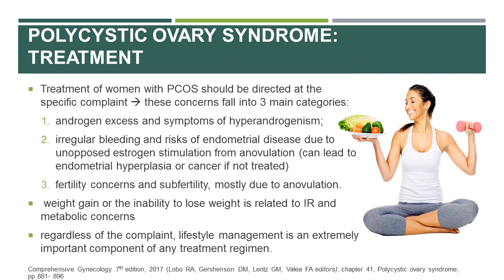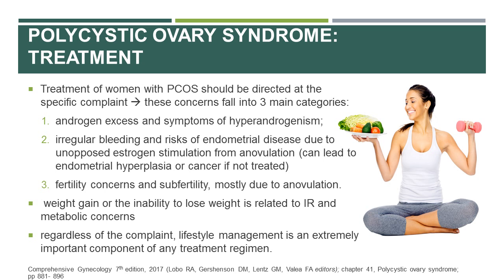Treatment of women with PCOS should be directed at the specific complaint, and these concerns fall into three main categories. Number one is androgen excess and symptoms of hyperandrogenism. Second is irregular bleeding and risk of endometrial disease due to unopposed estrogen stimulation from anovulation.